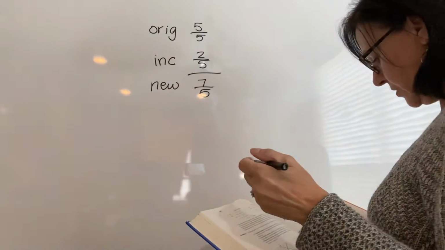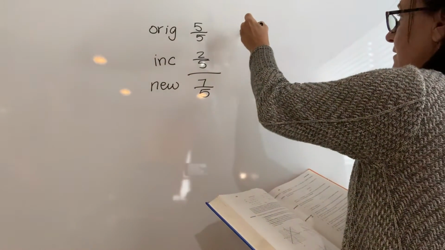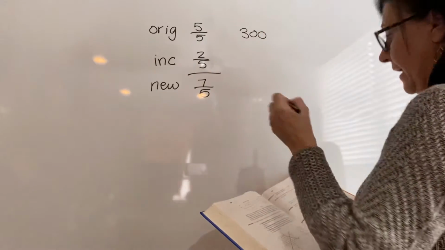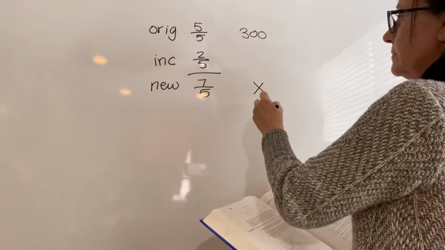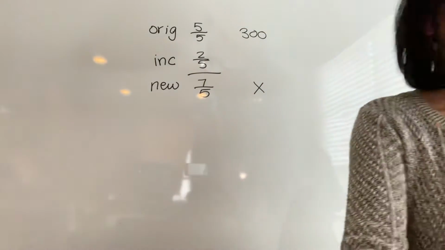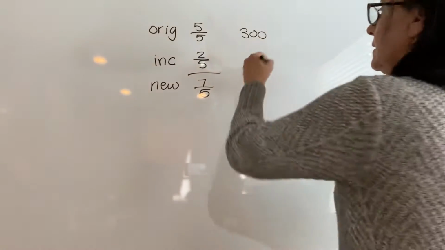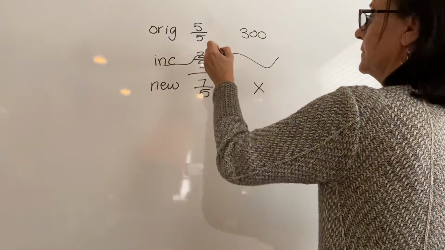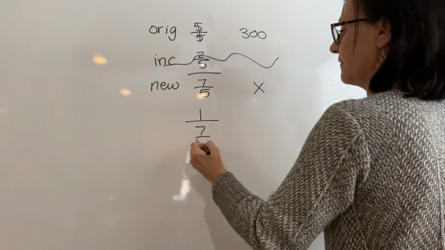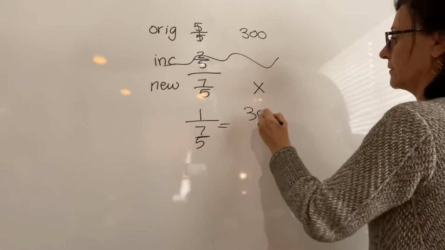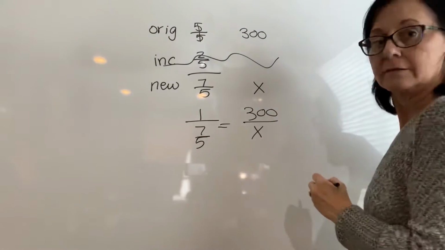If the weight gain used to be 300 pounds, that's originally before they ever increased it, then what is the new? All right, so we ignore the middle. Ignore the middle and write, this is really just 1. I'm going to write 1 over 7/5 equals 300 over x.